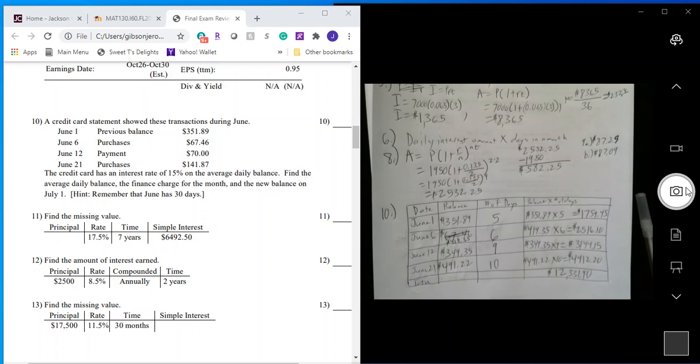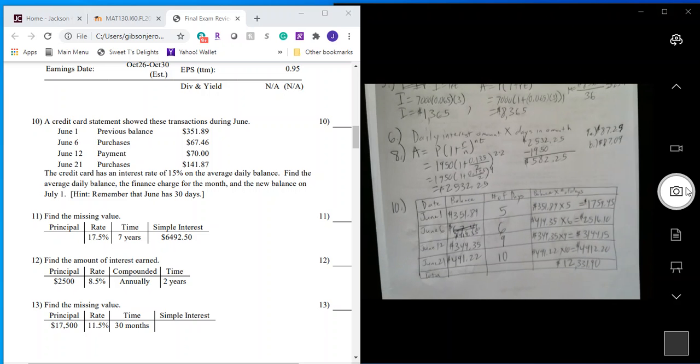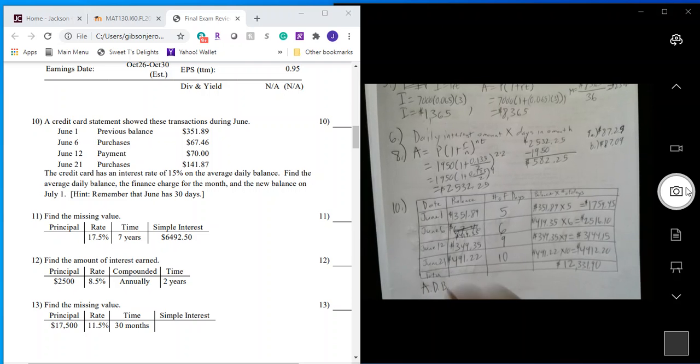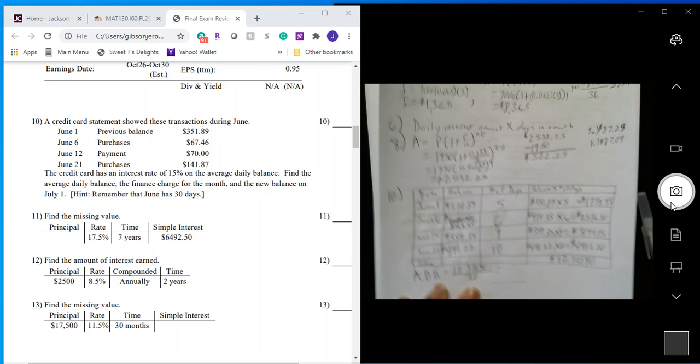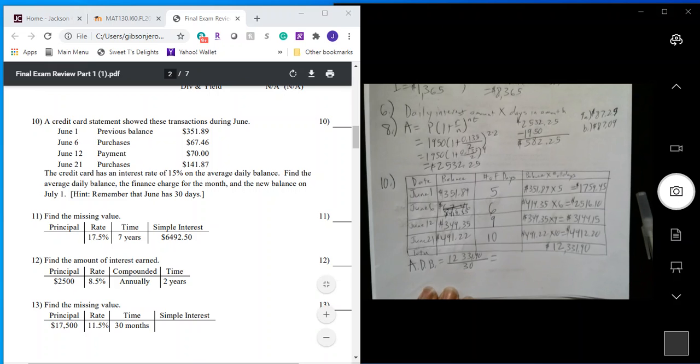Now let's get to what they're asking us to do. So they want us to first find the average daily balance. Okay, so I'm going to put ADB for the average daily balance. So we would take this $12,331.90 and divide it by 30 days. And we will put that in our calculator.